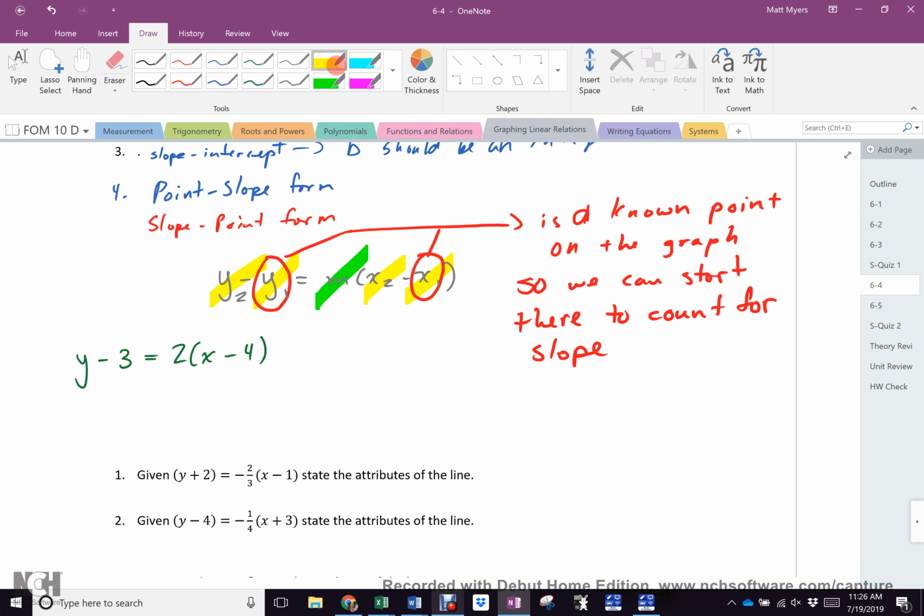Now, these are our starting points, right? But we have to remember, because there's a negative sign there, it's not that starting point, it's the opposite. Here is what I mean by that.